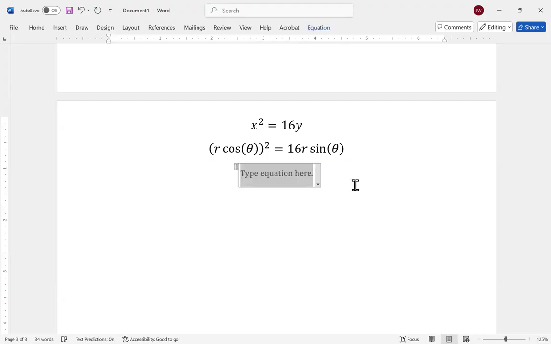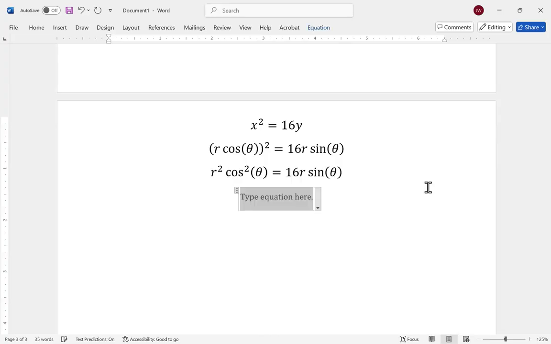On the left-hand side, we'd get r squared times cosine squared of theta. On the right-hand side, I'll just leave that as 16r times the sine of theta. If I want to solve for r in this case, I don't want to pull both terms onto the left. In this case, what I would do is divide both sides by r to begin with, since one of my terms involves an r squared and the other involves an r.